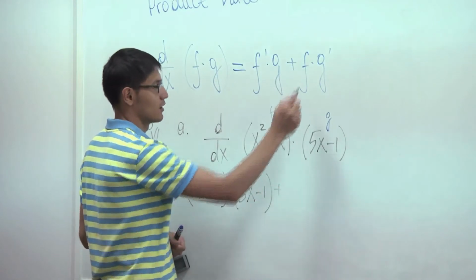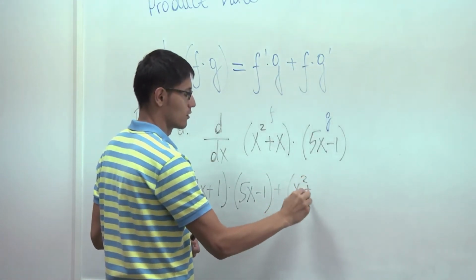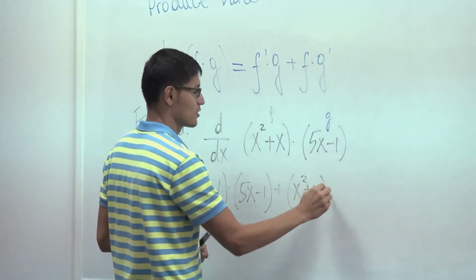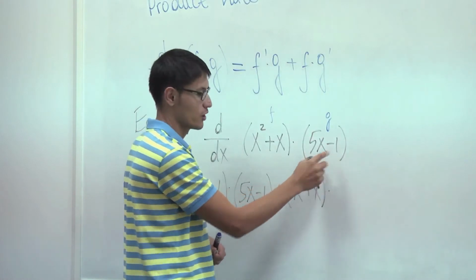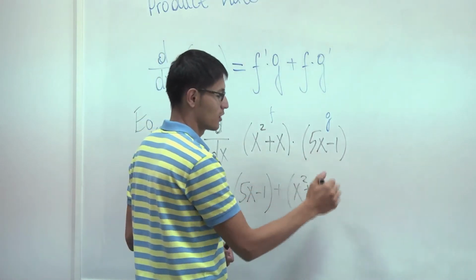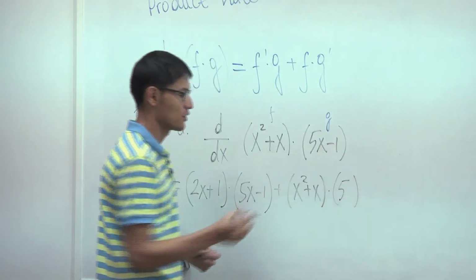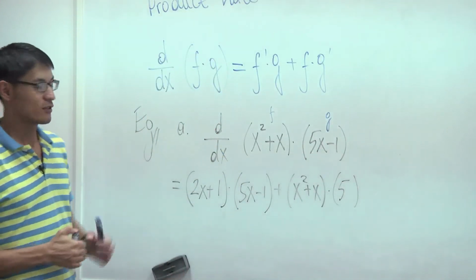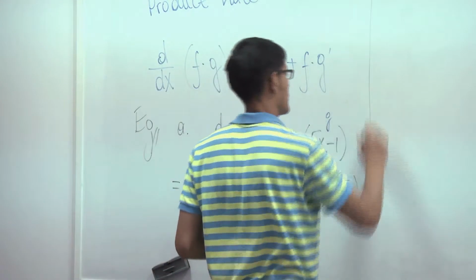Plus f, so you just copy f, don't do anything to it. Times g prime. So multiply by the derivative of g. So what's the derivative of g? Well, 5x becomes 5. 1 becomes 0. We don't have to write it. And then you just simplify your answer. Okay? Let's do another quick example.